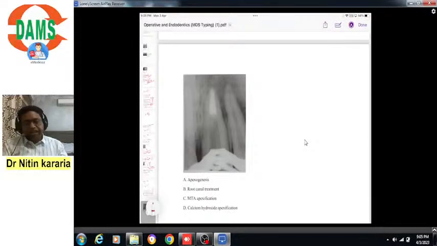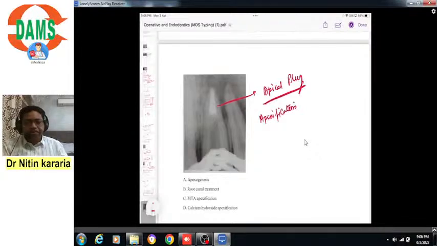It is an apical plug of a radiopaque material that is being formed, and this apical plug is formed in the procedure of apexification, forming an apical calcified barrier. So the options are apexogenesis, root canal treatment, MTA apexification, or calcium hydroxide apexification.